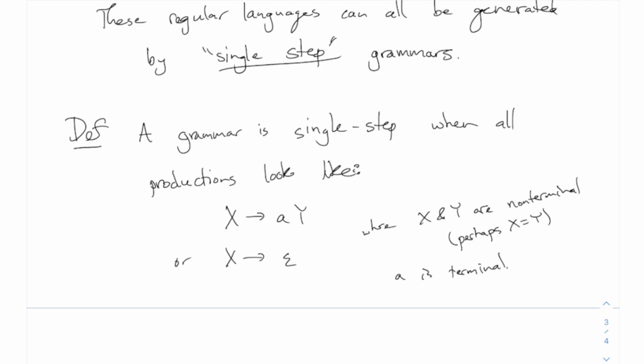They are very, very specific, very simple kinds of grammar. They don't allow any kind of funny business. All right. These grammars, they are ones which you can convert back into NFAs.